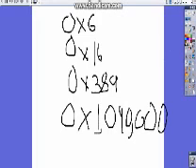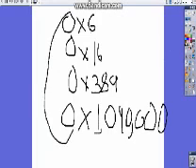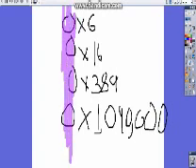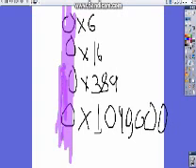All of these equal 0, because it starts with 0. This is key. If it starts with 0, it's going to end in 0. I mean, if something multiplies by 0, you're going to get 0.